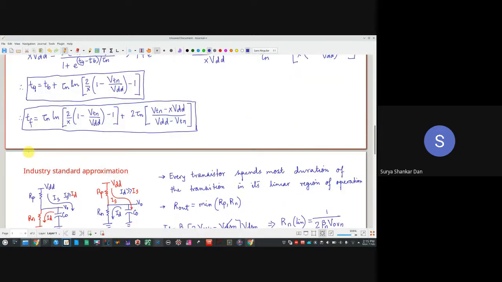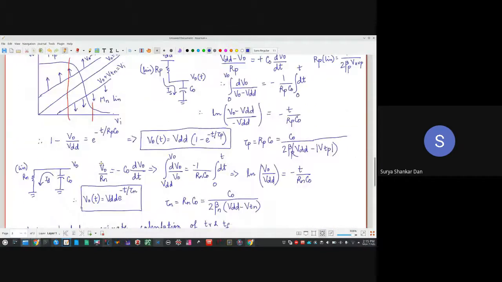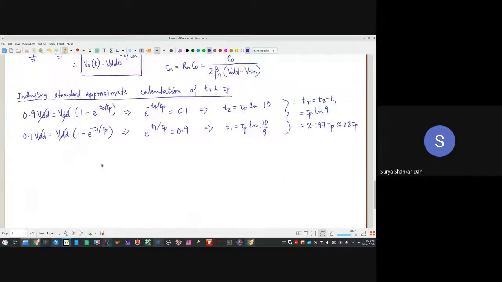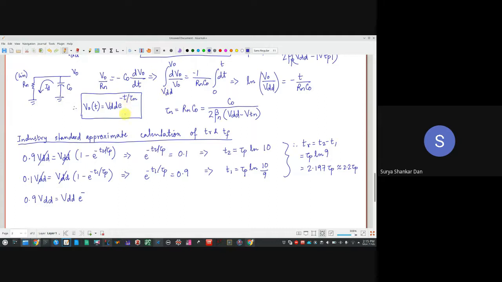Initially, T3 will be for 0.9 VDD. Okay, so 0.9 VDD is e to the power of minus T3 by tau n, I'm just copying from this equation. VDD cancels. This will be how much? 0.9.